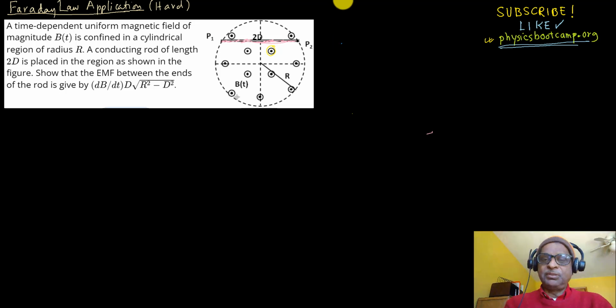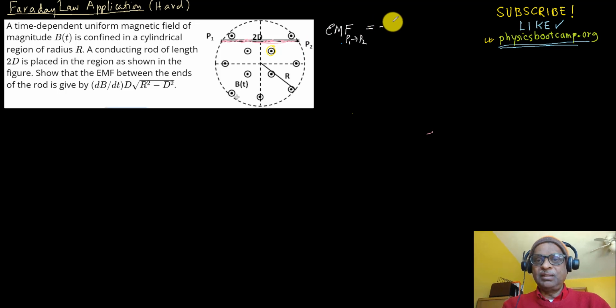And the EMF definition: EMF between, say, P1 to P2, this EMF is actually minus the integral from P1 to P2 of electric field dot dl. So dl is going from here to there.